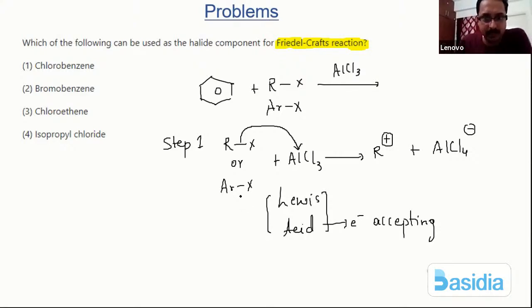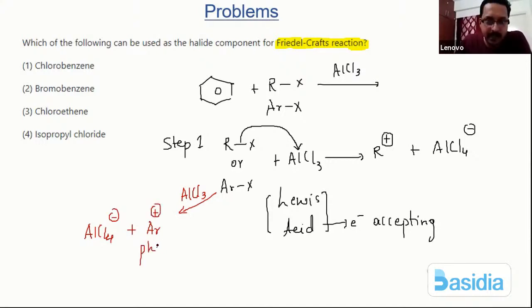Now let us do a reaction one by one. See here, if the ArX reacts with the AlCl3, he is going to form the AlCl4 negative, and he is also going to form an Ar positive charge. He is going to form a phenyl cation.